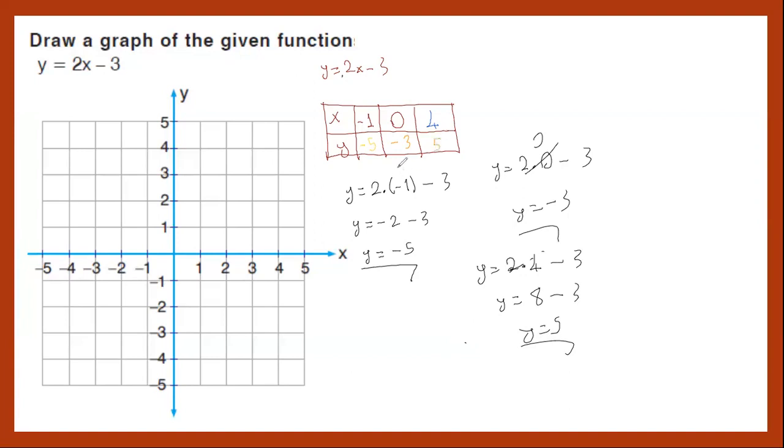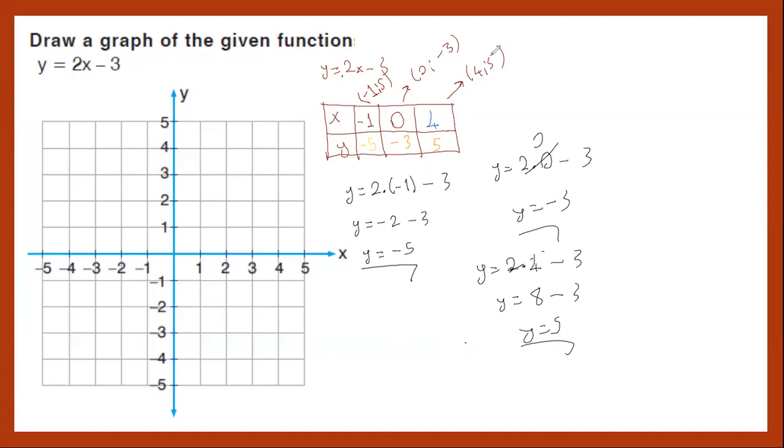Okay. The next step, you are going to find the points. For this point, this is -1, -5. All right. And this point is 0, -3. And this point is 4, 5.